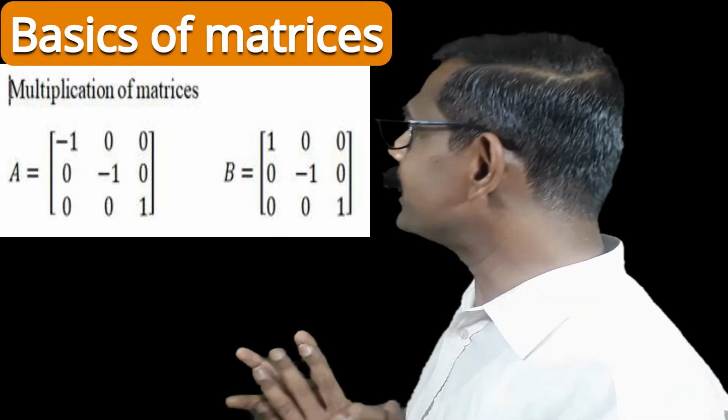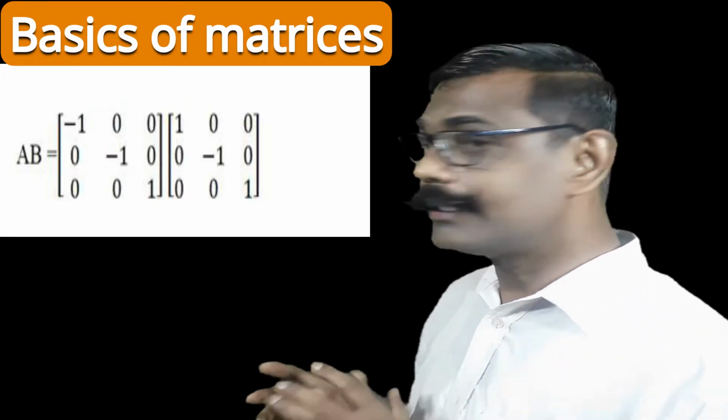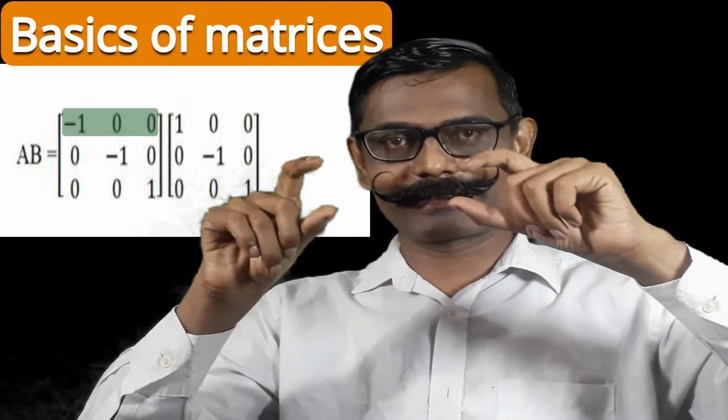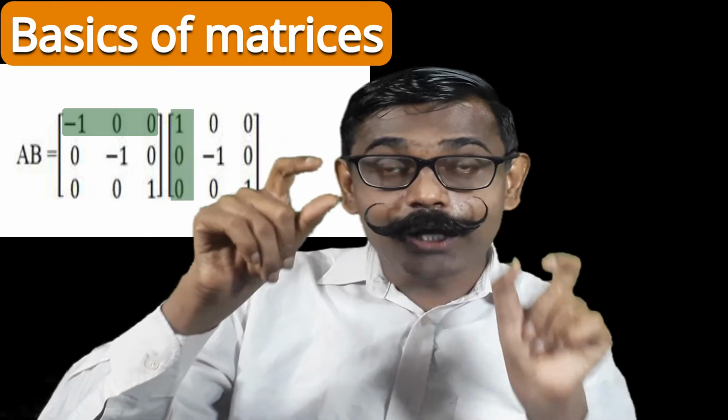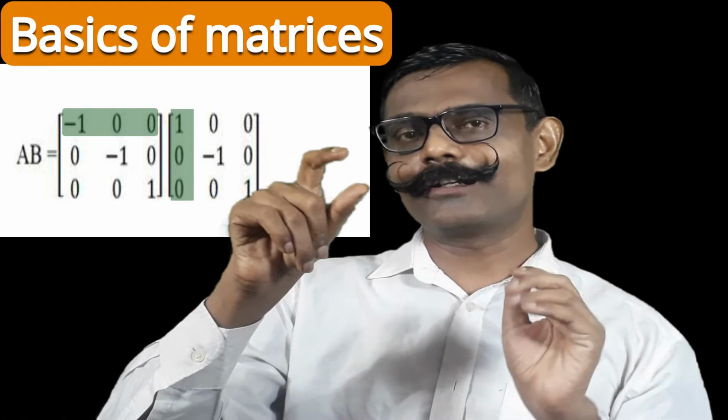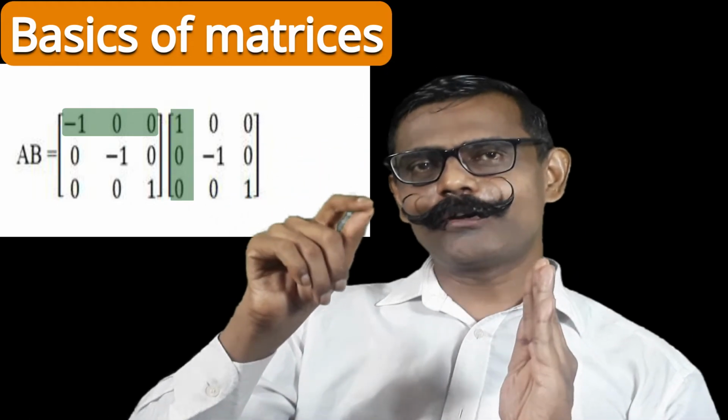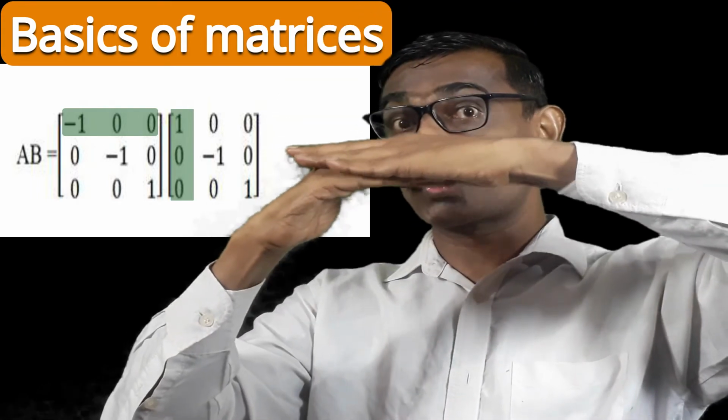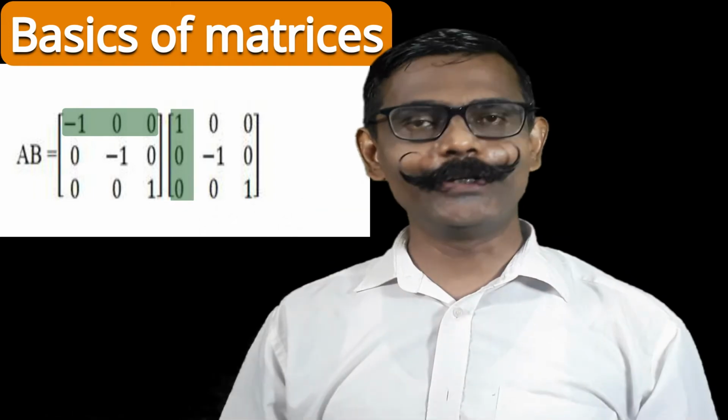So A into B, how will it be? Consider the first row of the first matrix, that is the A matrix, and the first column of the second matrix, that's the B matrix. Now what you have to do? You have to lift this column and affix it there on the row, and their relative elements will be there, no? Their multiplication you need to see.